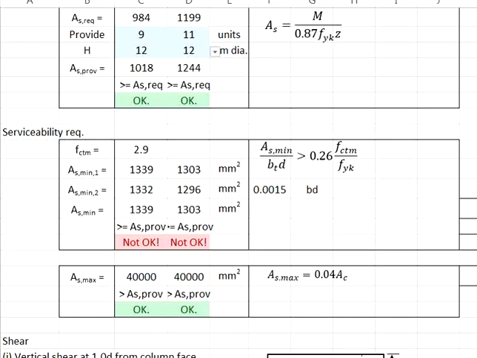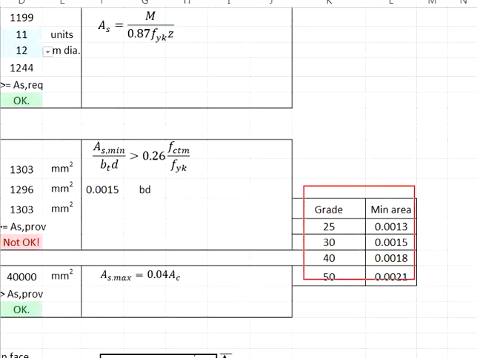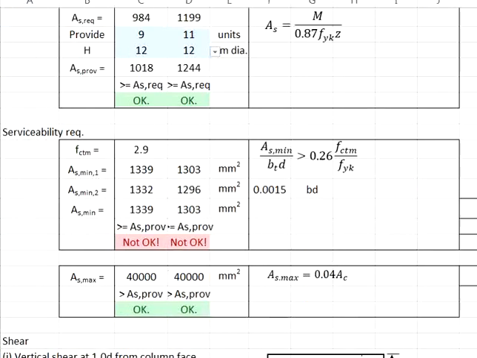You have two formulas to calculate the minimum bar area. One is by this formula as given in the Eurocode. Another one is given by the ratio in accordance to the concrete grade. The two requirements will give you slightly different AS minimum. You will use the larger value as your AS minimum.